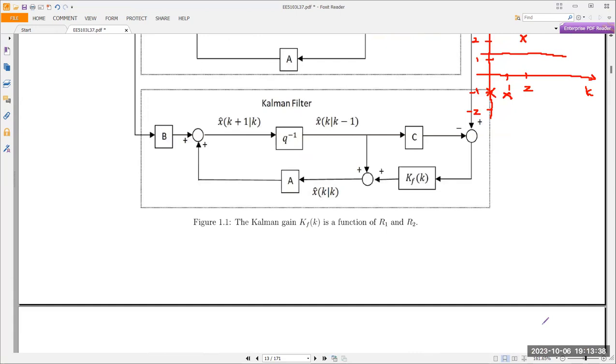Maybe I draw for you. I will expect it to fluctuate like that. So this is K, this is VK. I will expect it to fluctuate like that.